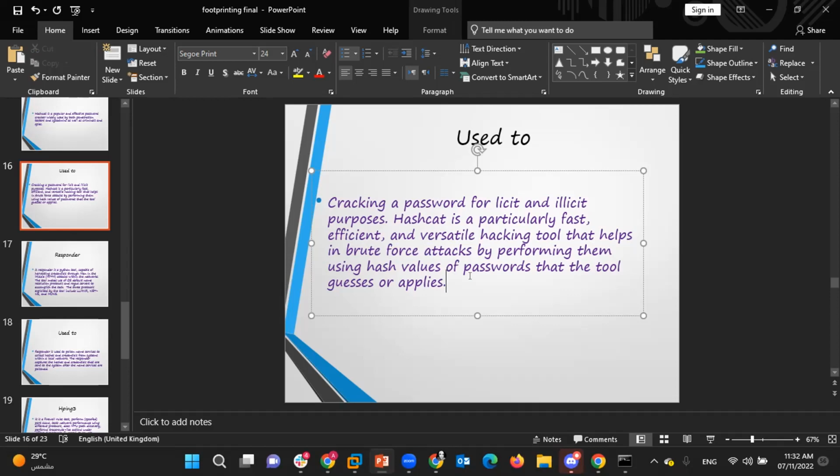It's a really useful tool. For the new version of Hashcat, I haven't tried it, but I think they now have a UI to use Hashcat.